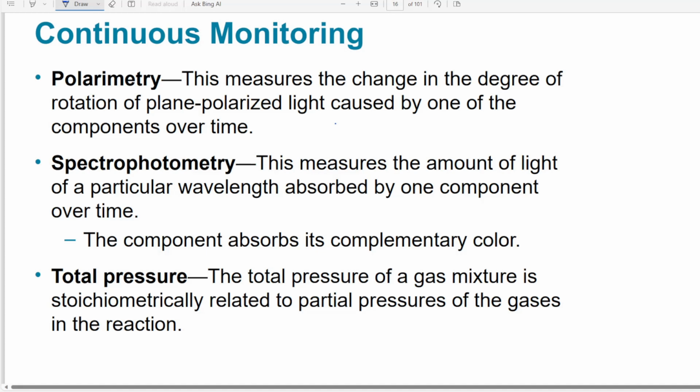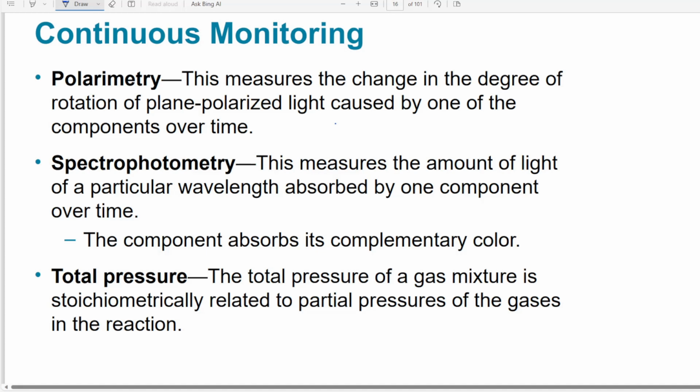The following three techniques are often able to be utilized as a continuous monitoring technique, where the reaction can actually be done inside the spectrometer or spectrophotometer or other reaction vessel that allows the measurements to be taken while the reaction is being performed. The first of these techniques is polarimetry, which measures the change in the degree of rotation of plane polarized light caused by one of the components over time.